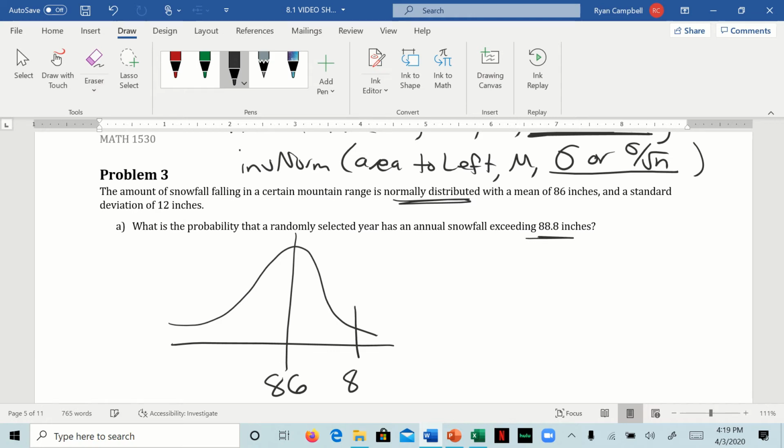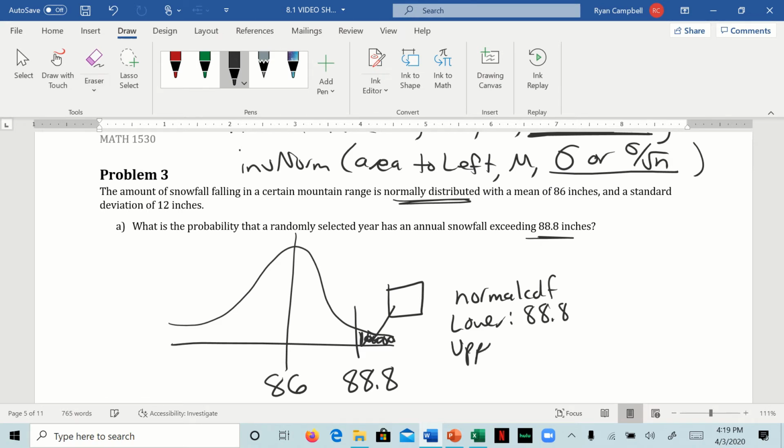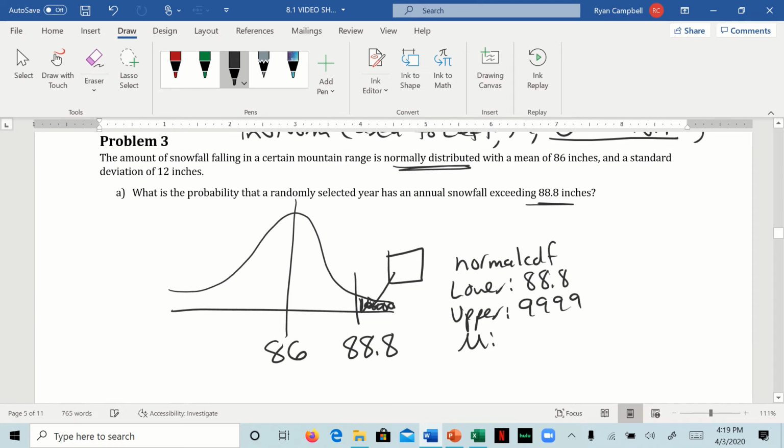We're given 88.8 inches. And we want it to exceed. So that's going to be the area to the right. So probability, we're going to do normal CDF. Right? So the lower is going to be 88.8. The upper is 9999. Mu is 86.